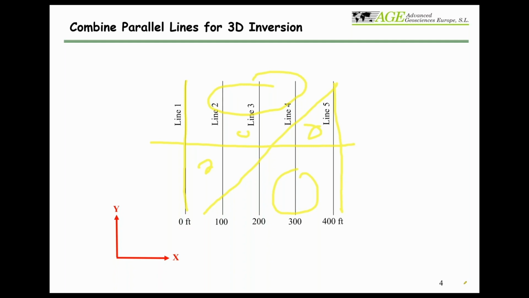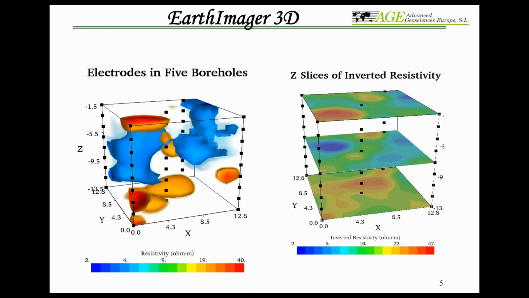a real 3D result. So here are 5 boreholes. You can see 1 borehole here, another 2, then 3 and 4, and another one in the middle, 5 boreholes. I show this because you can really see volume rendering in EarthImager.